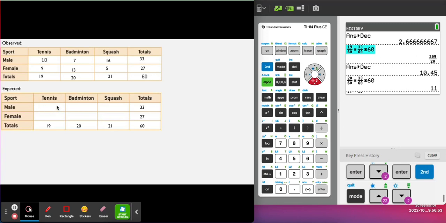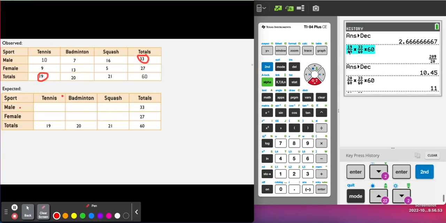Next, how do you calculate the expected value for male tennis players? Well, you have to go look at the column for tennis. You have a total of 19 for tennis, and the total for male is 33. In order to calculate this expected value of male tennis, we're going to look at the probability of tennis. The probability of tennis is 19 over 60, while the probability of male is 33 out of 60.